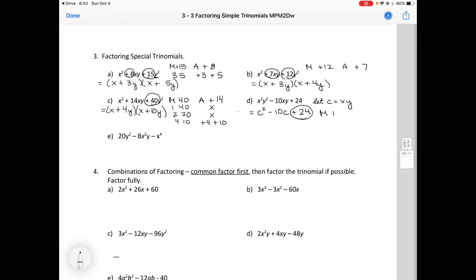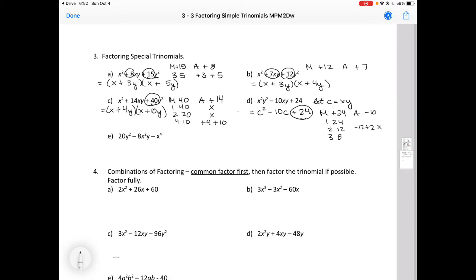I'm looking for two numbers that multiply to 24 and that add to minus 10. So let's think about what multiplies to 24. 1 and 24, 2 and 12. Does that work? If I have minus 12 and positive 2, that does add to minus 10, but it doesn't multiply to positive 24. So let's keep going.